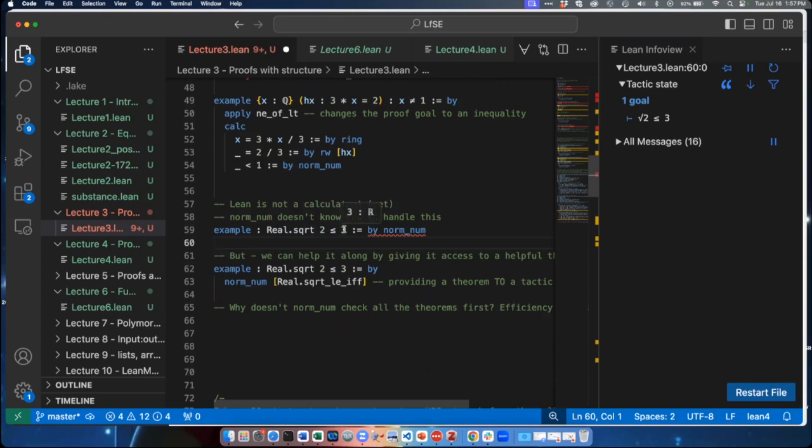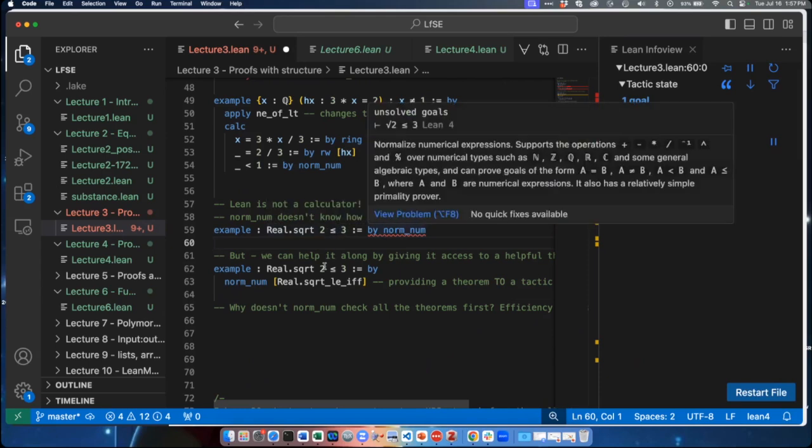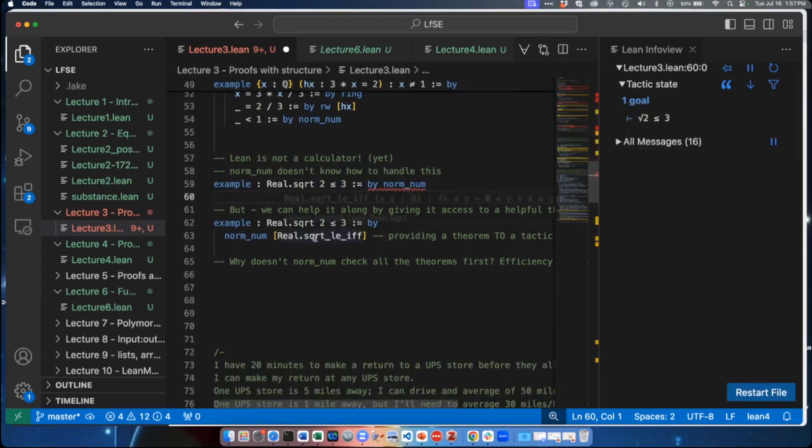If we struggle to find things, we may need to give it some help and play some tricks. In this case, norm_num can't solve this, but I can if I give the norm_num tactic a helpful theorem.